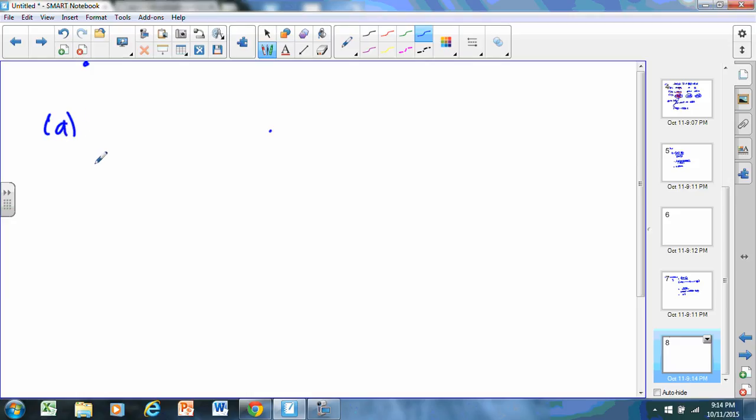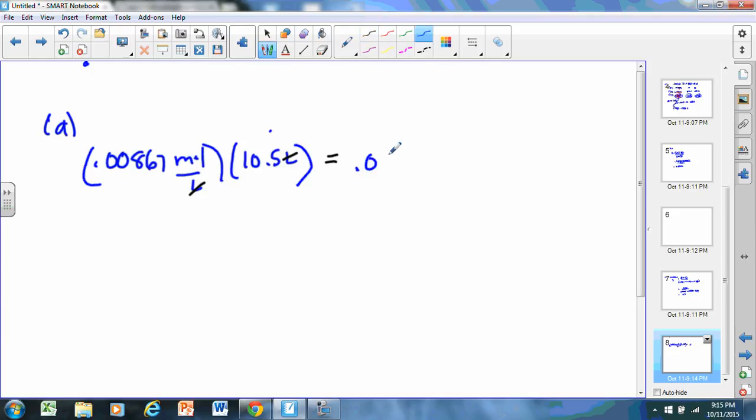Another way to do it is, if you have 0.00867 moles per liter, because that's what molarity means, times 10.5 liters, this cancels this, and you would end up with 0.0910 moles of both F2 and AsF3, because they're the same if you look at the ICE chart.